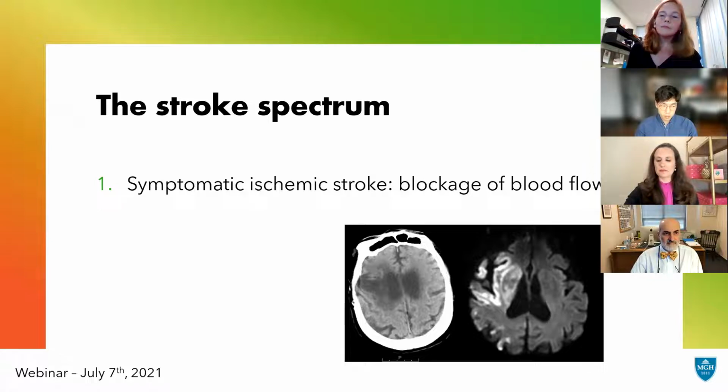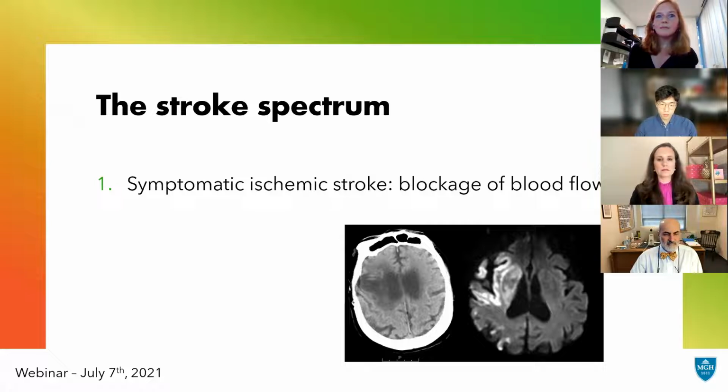So broadly speaking, stroke is complicated. Everybody knows what a heart attack is, but a lot of very educated people don't exactly know what a stroke is. There are a lot of ways of classifying strokes, but one useful way is this one big category of symptomatic ischemic stroke.